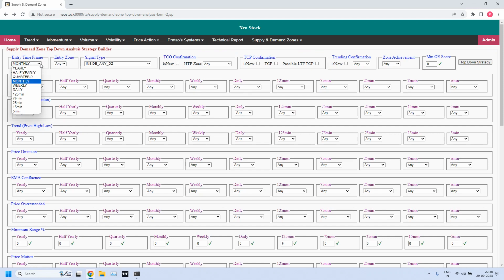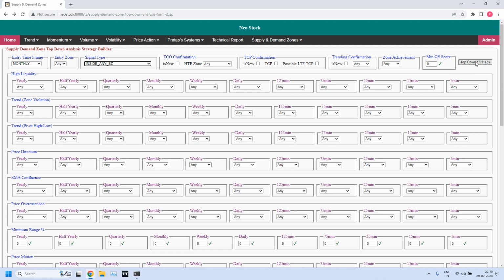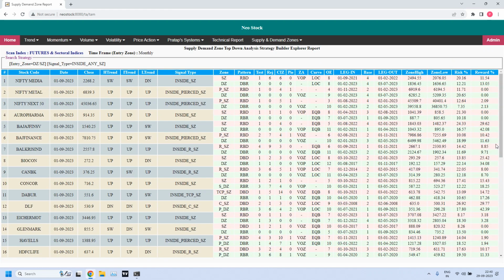For entry time frame monthly, let us find the stocks where price closed inside monthly supply zone. We have a good number of supply zones listed. Let me scroll down.